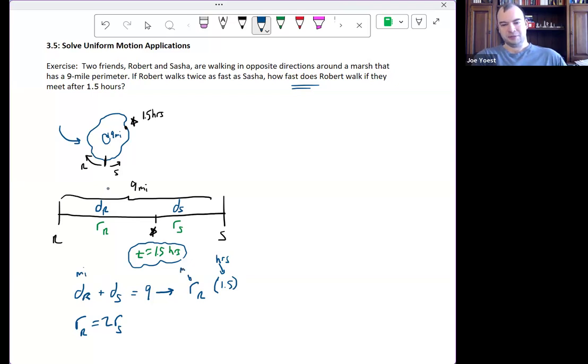So Robert's rate is going to be in miles per hour. And the same goes for Sasha's rate. Sasha's distance is d subscript s. It's going to be Sasha's rate, r subscript s, times Sasha's time, which is the same amount of time, 1.5 hours.